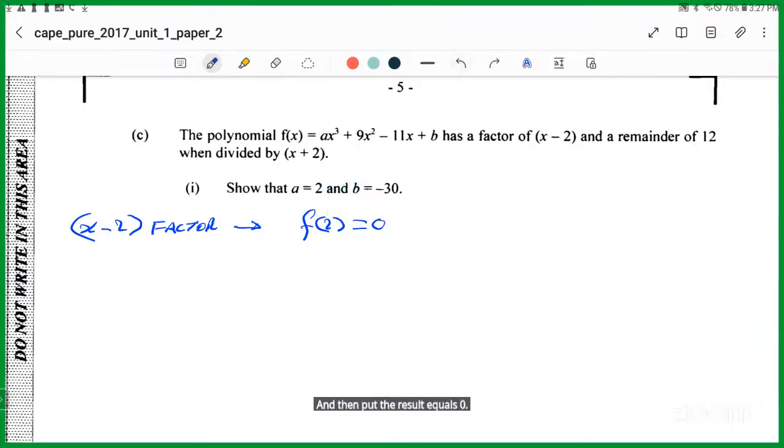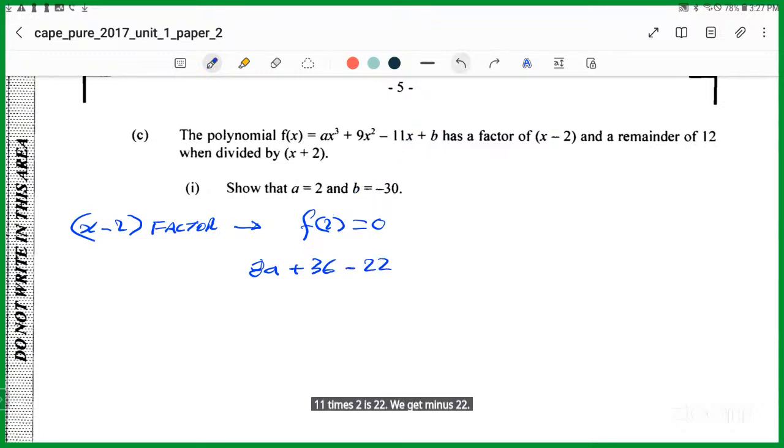Alright, let's just go. So 2 in here, so this becomes an 8, so it becomes 8a. 2 in here, so that becomes a 4. 9 times 4 is 36, so you get plus 36. 2 in here, so it becomes 11 times 2 is 22, so you get minus 22.